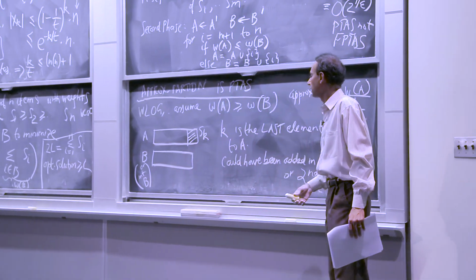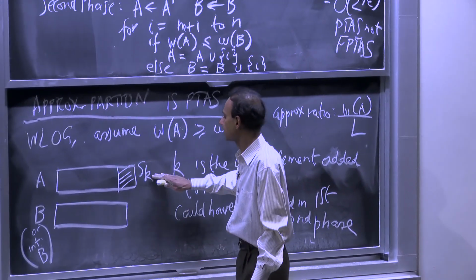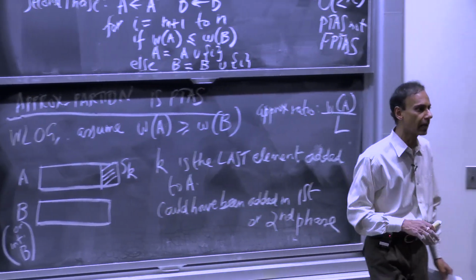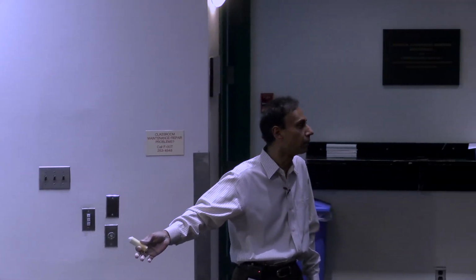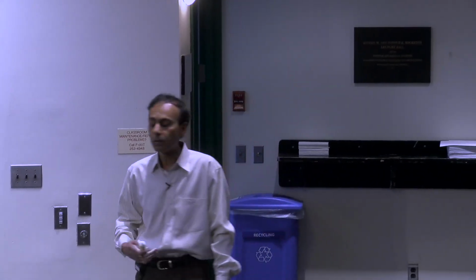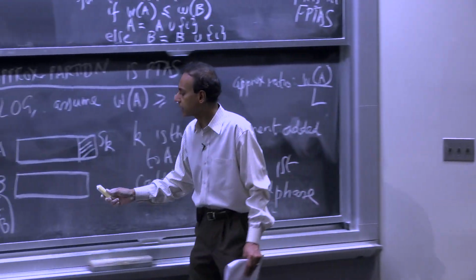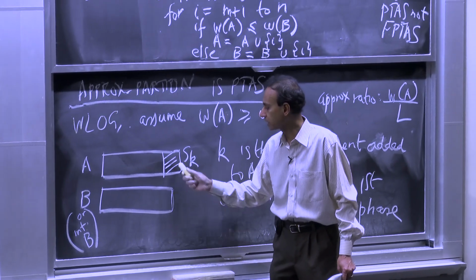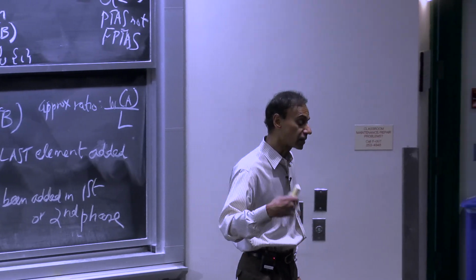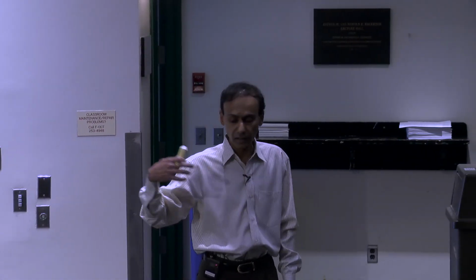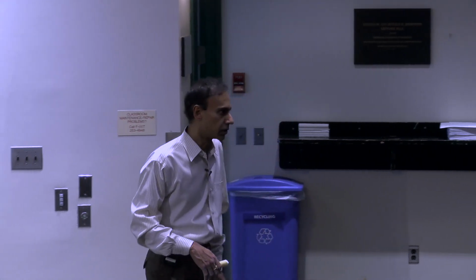Now it may be true that if I'm looking at the snapshot just after I add the kth element to A, I may not be done yet. I may still have a few elements and may be adding elements to B, but regardless, given my definition, I know that the weight of B is less than the weight of A, because even though the last element overall may be added to B, WB is less than WA, and I'm only looking at the last element added to A here.